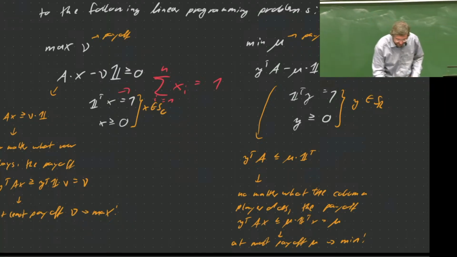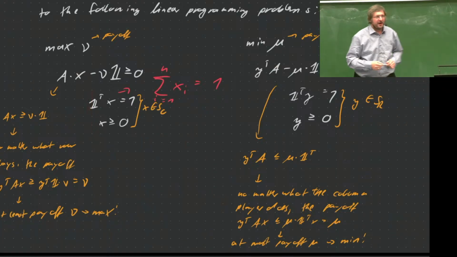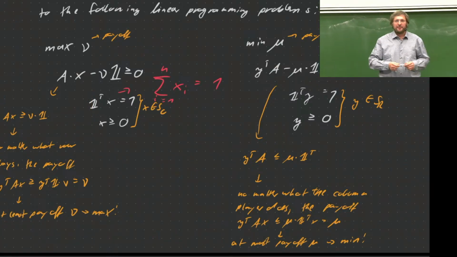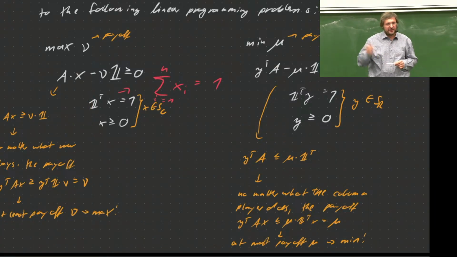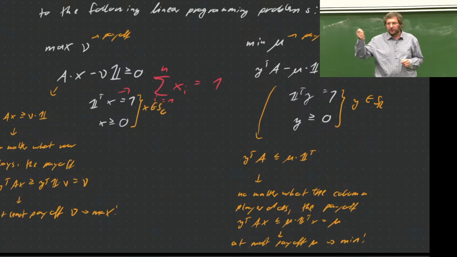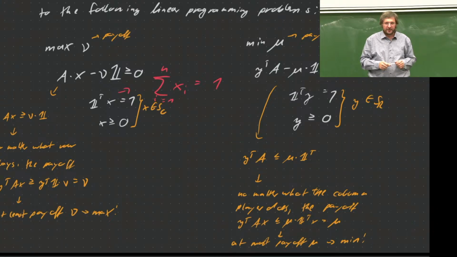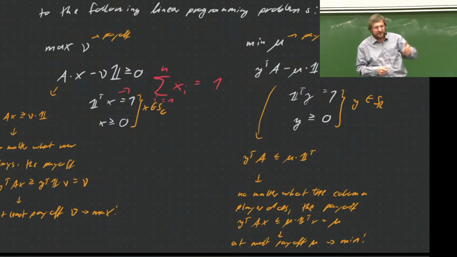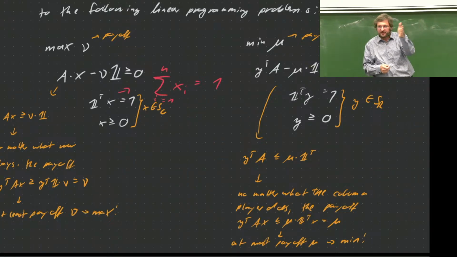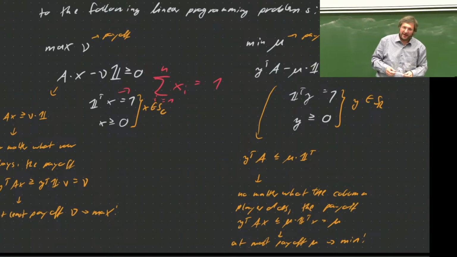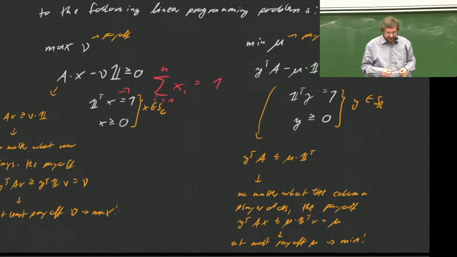And of course, those two together imply that no entry can be larger than 1, right? The sum is 1, and there are only non-negative summands, so no single entry can be larger than 1. And those together say, well, x is a vector that gives a probability distribution over the set of possible actions of the column player.